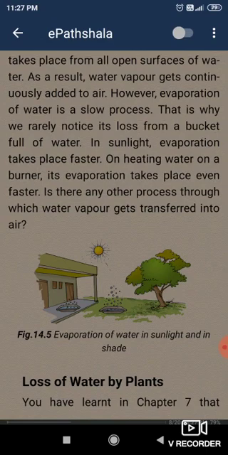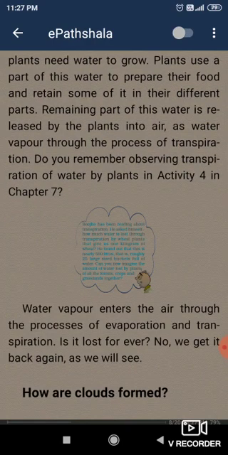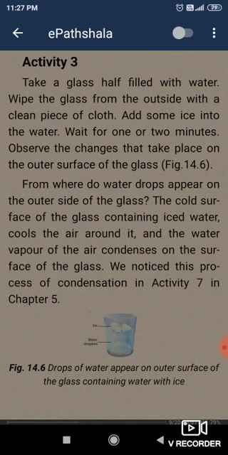Now, let's see about loss of water by plants. You have learnt in Chapter 7 that plants need water to grow. Plants use a part of this water to prepare their food and retain some of it in their different parts.